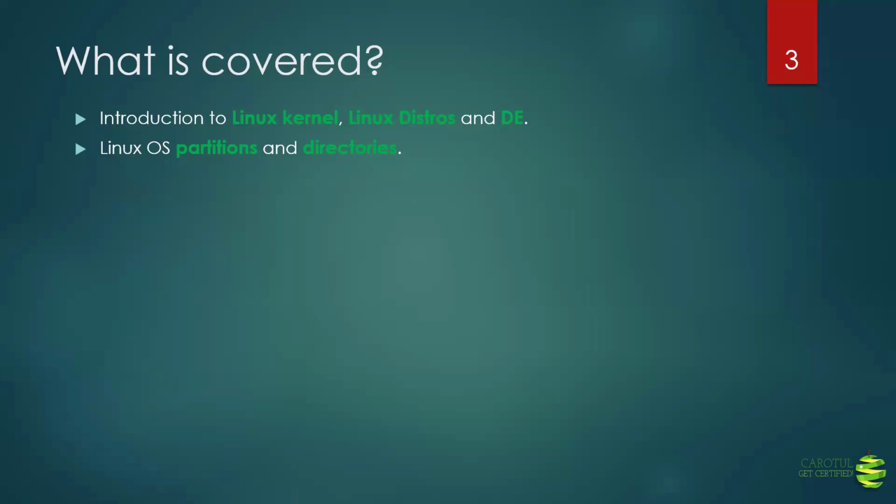Having knowledge of some of the important directories and partitions becomes very important before you get to the installation, because we are also going to learn how to install Linux automatically, letting the system decide, and also how to do it manually. That means we decide the partition scheme and the different formats, which is called the file system, like which file system we want to use. All these things we're going to learn in the installation part.